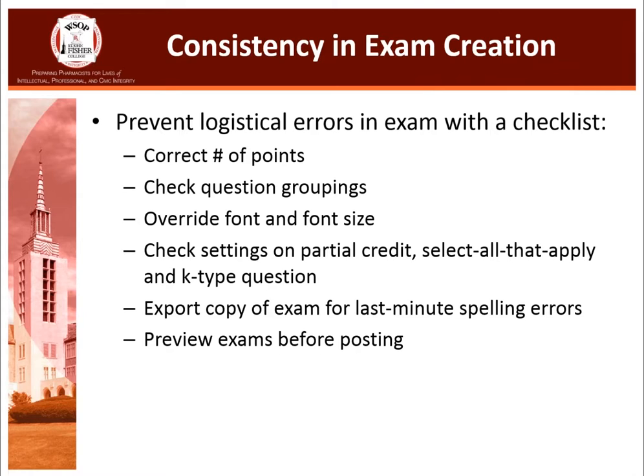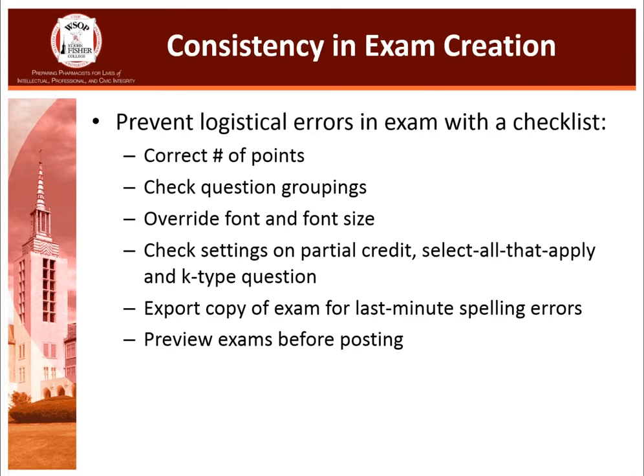So things that we have faculty check for, again in those quick tips before they launch the exam, is the number of points correct? We're supposed to have 40 points on this exam. If it says there's only 35, something's wrong.